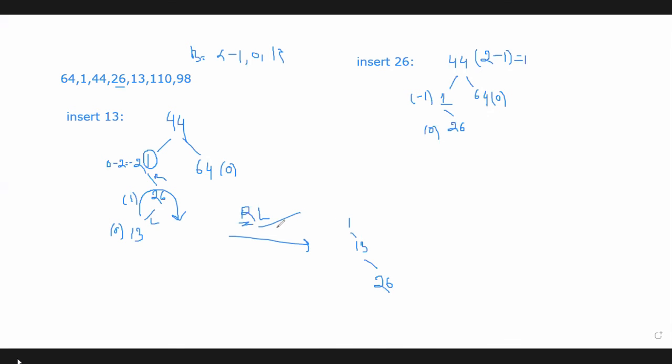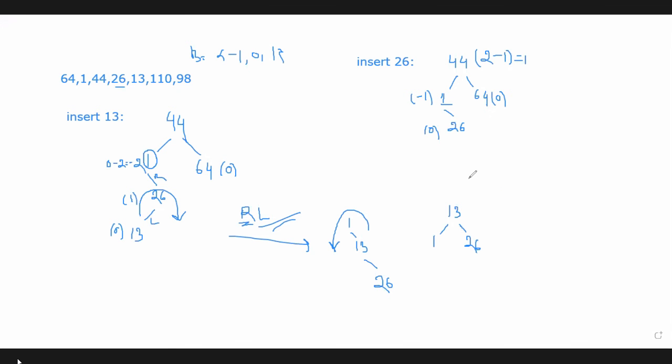So apply which one? Left rotation. Left rotation means some nodes will be taken from the right subtree and inserted in the left subtree. So 1 will be moved to the left subtree and 13 will become the root node. So 1 is the left child of 13 and 26 is the right child of 13.